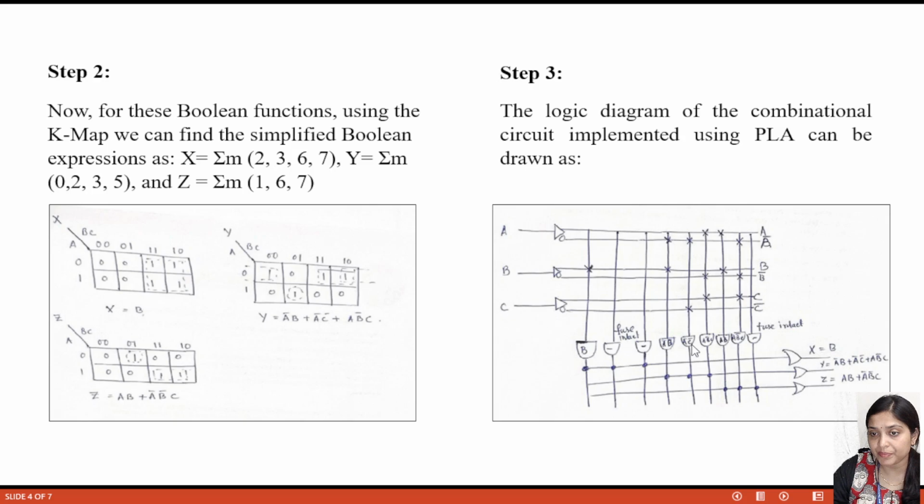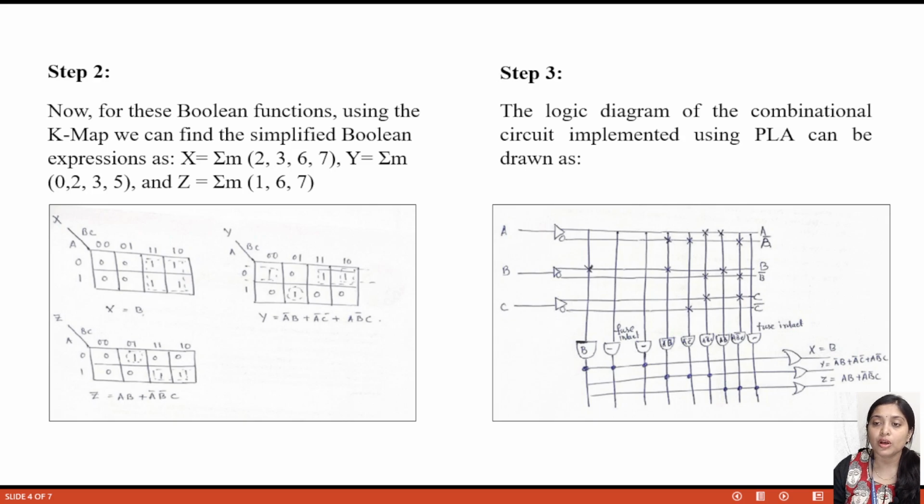Then A bar C bar: this is A bar, this is C bar, so in this position we make a cross sign. Then also this line is A, then B bar, and C. So this is A, B bar, C. In this way we design the full circuit.